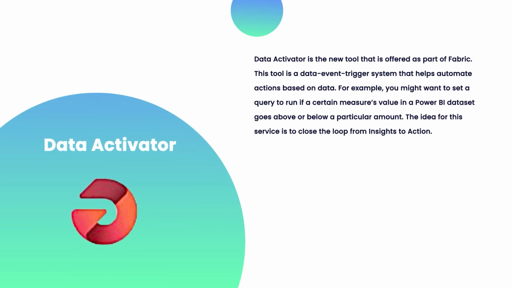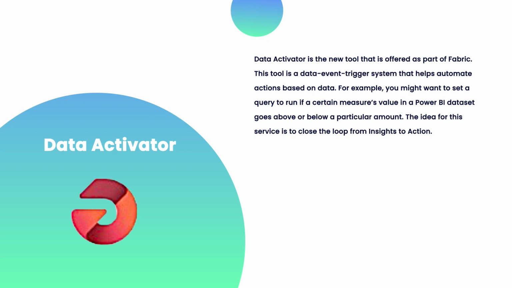Moving towards the eighth workload, which is Data Activator. Data Activator is a new tool offered as a part of Fabric. It is a data event trigger that helps automate actions based on data actions. For example, you might want to run a query if a certain measure or value in a Power BI dataset goes above or below a particular amount.